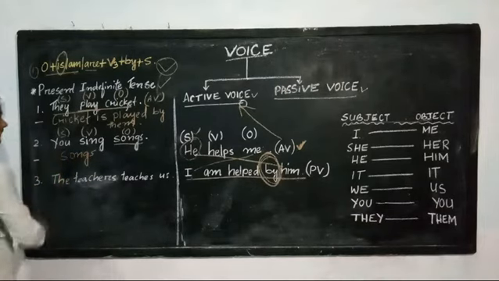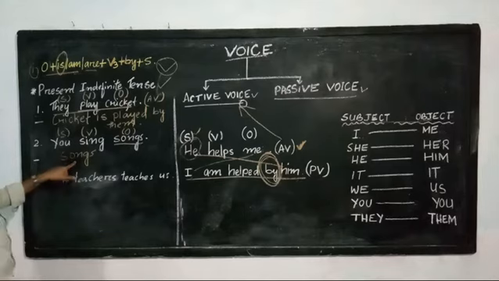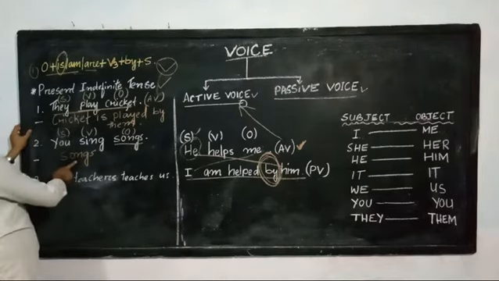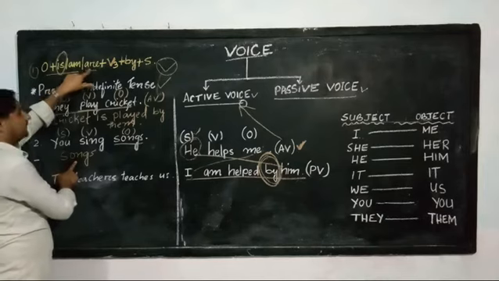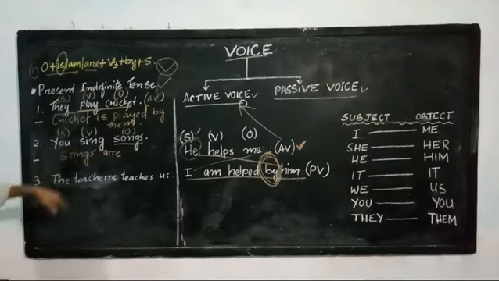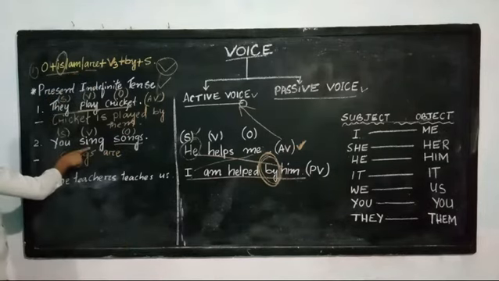Is songs plural or singular? Tell me. Songs is plural. If the subject is plural, then what will come? Are. Songs are. Then what is the verb? Sing is the verb.